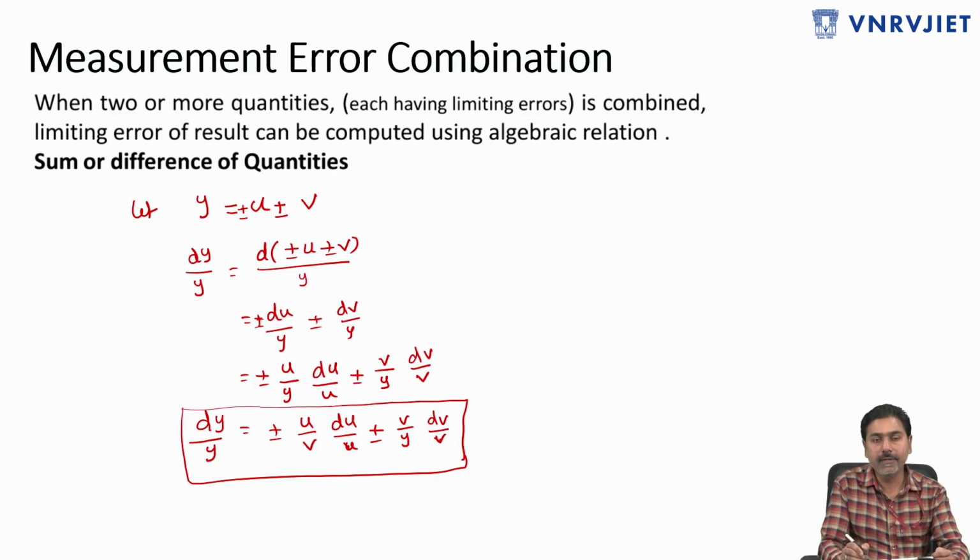From this we can understand that when a measured value is related to the summation of two individual parameters, the relative limiting error of the final value depends on the relative limiting errors of the individual parameters. This way we can calculate the relative limiting error.